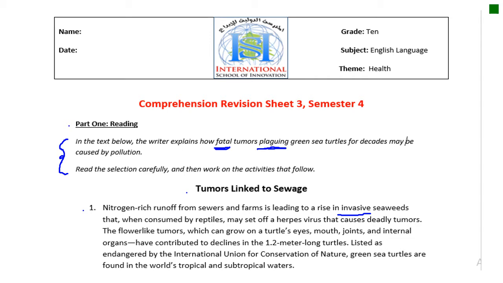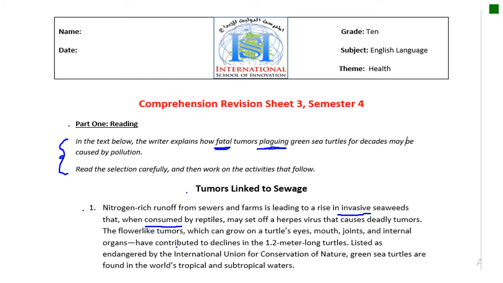Nitrogen-rich runoff from sewers and farms is leading to a rise in invasive seaweeds that, when eaten by reptiles, may set off a herpes virus that causes deadly tumors. The flower-like tumors, which can grow on a turtle's eye, mouth, joints, and internal organs, have contributed to declines in the 1.2 meter long turtle.